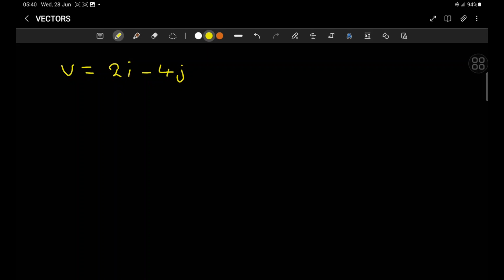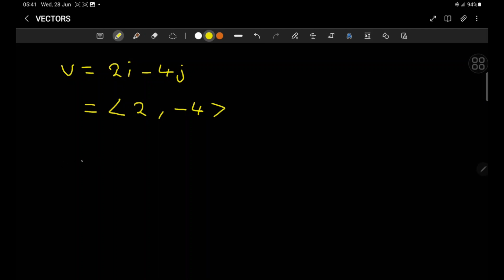A vector represented with unit vectors i and j, where this is the x component and this is the y component, is just the same as 2, negative 4.